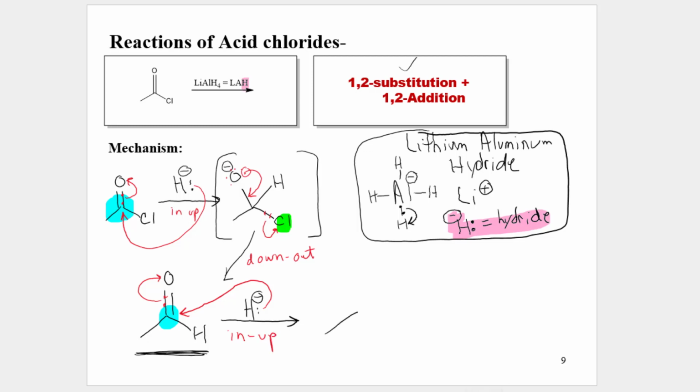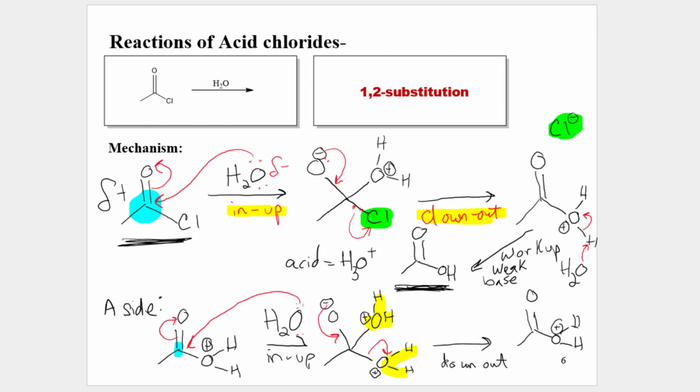Compare this step with the previous one that we saw. When we were looking at the acid chlorides with water, I had an aside where I kept adding oxygen. I put oxygen on, right? In, up, oxygen on, down, out, kicking another oxygen off.